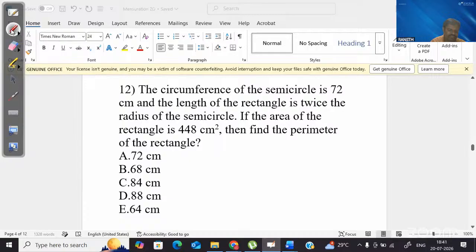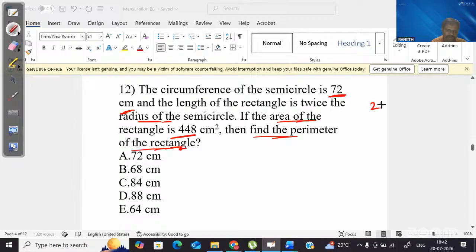The circumference of the semicircle is 72 centimeter and the length of rectangle is twice the radius of the semicircle. If the area of rectangle is 448, then find the perimeter of the rectangle. What is the circumference of semicircle?